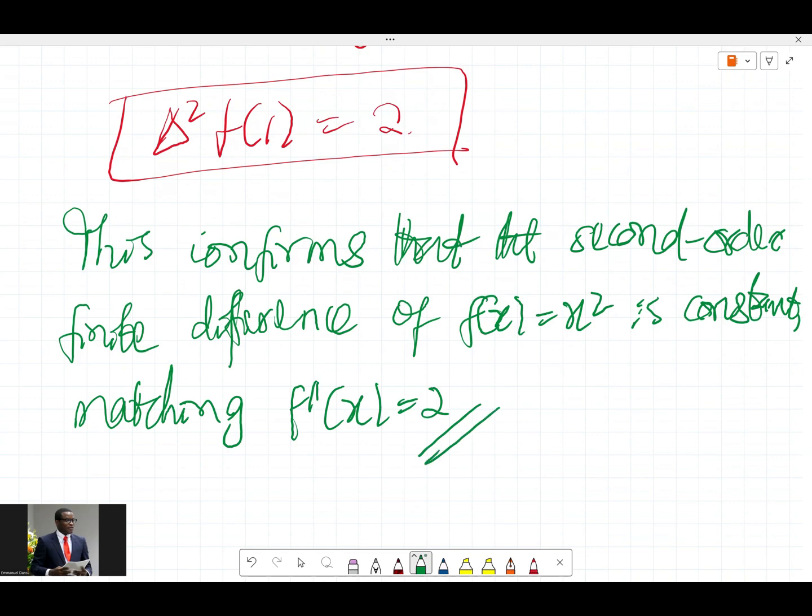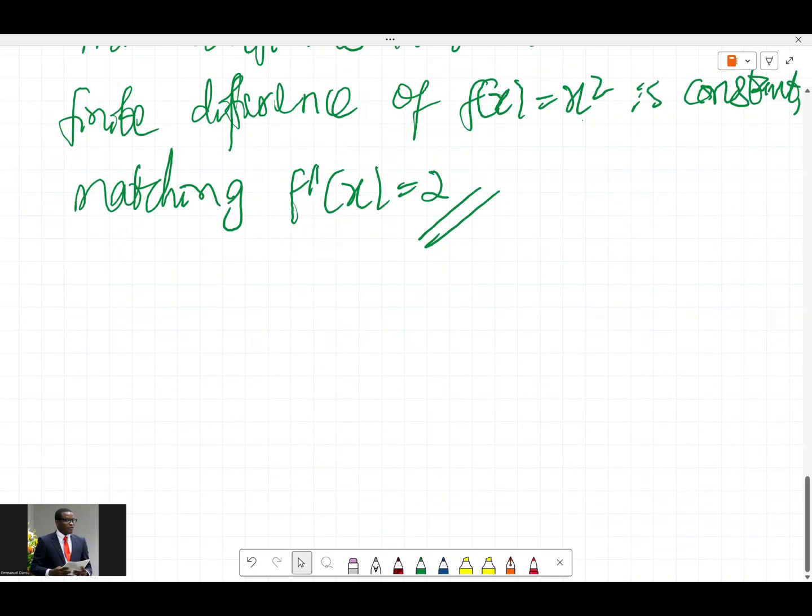And really, if you see this, f prime of x is 2x, f double prime of x is just 2, and that becomes the constant value that holds.